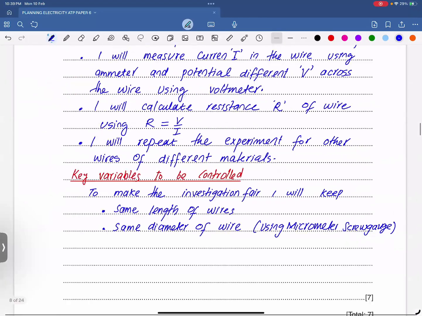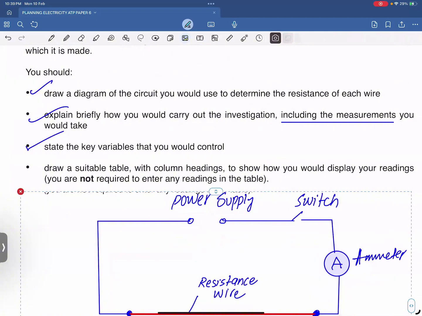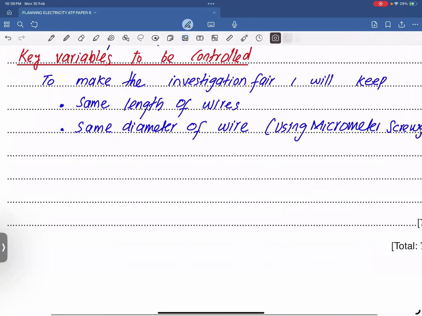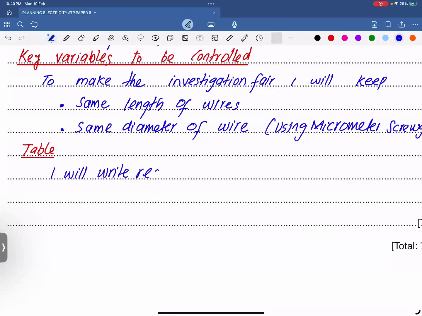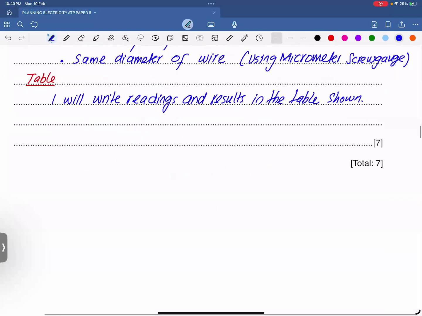After that, you will write the next point, the table. Again, make a tab. For the table, as I told you, you can write a sentence first that I will write readings and results in the table. Then you will make the table empty.